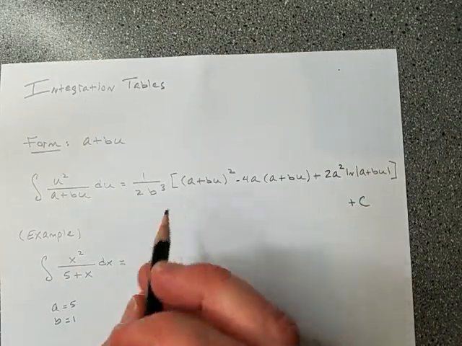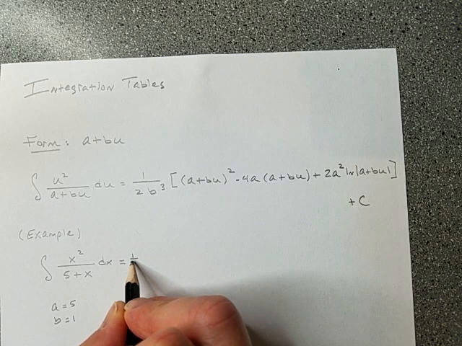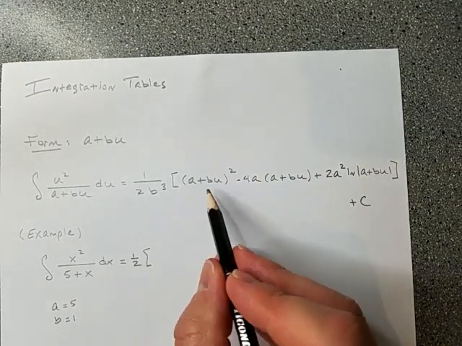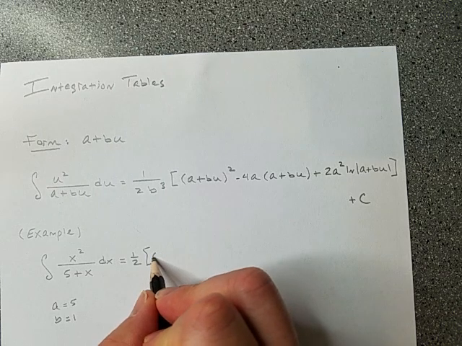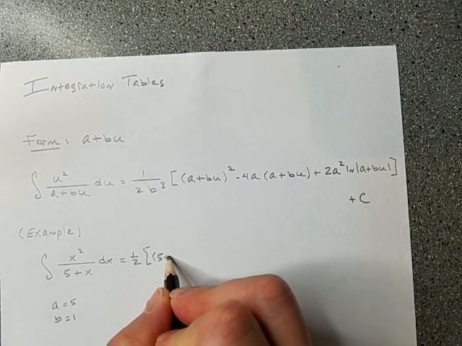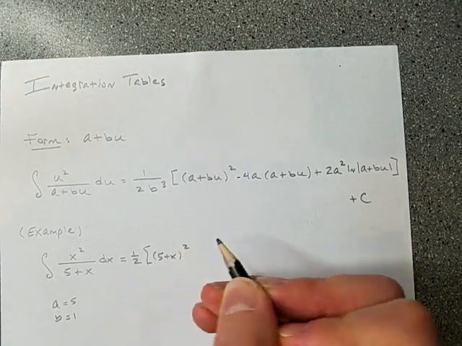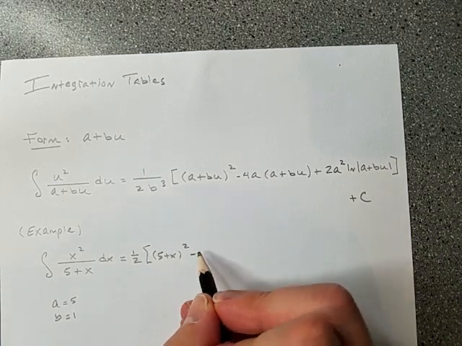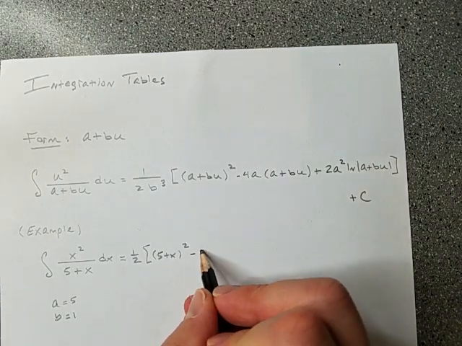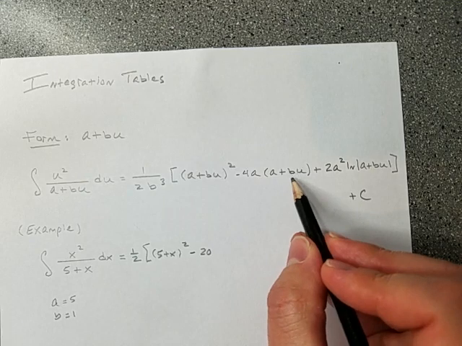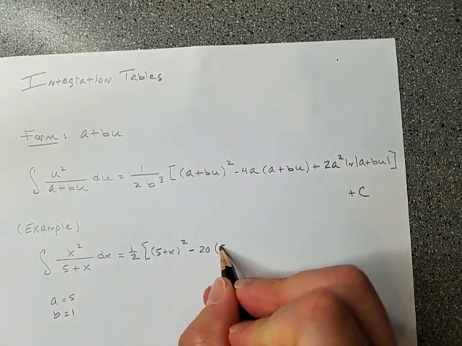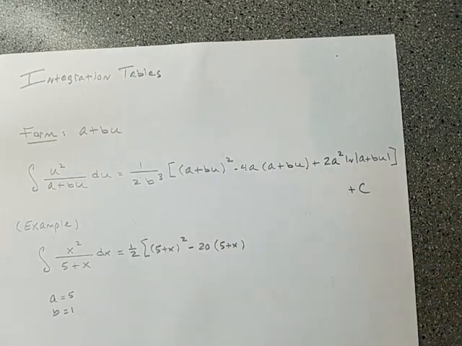So 1 over 2b to the third is 1 over 2, okay? A plus bu squared, so that's going to be 5 plus x squared, okay? Minus 4 times a, so that's going to be minus 20, times a plus bu, so that's going to be 5 plus x again.